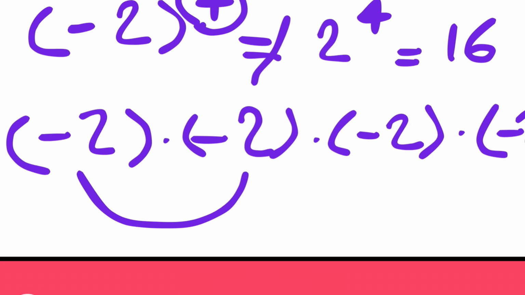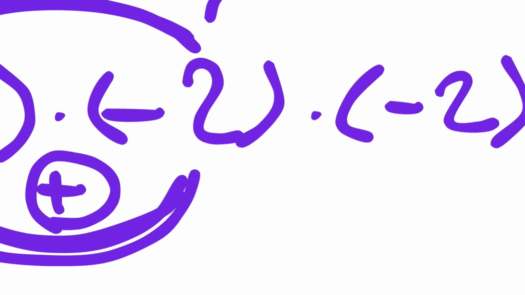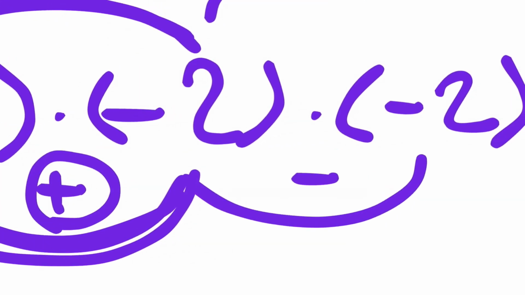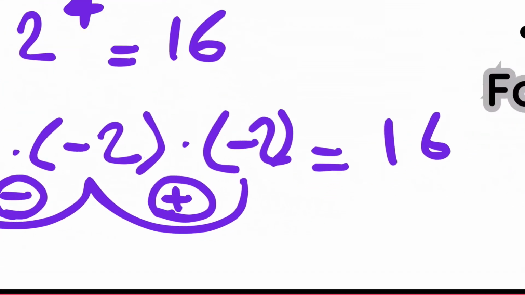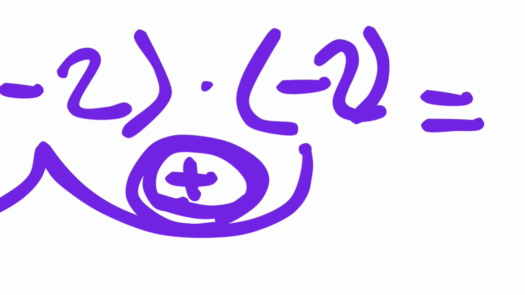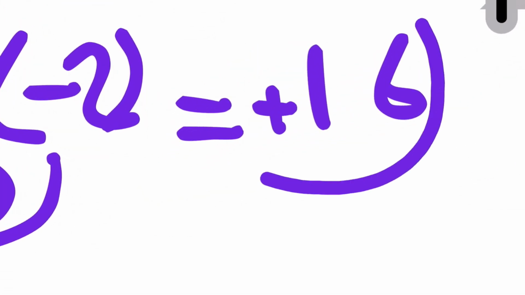Both the number and the symbol will go to that power and will be multiplied by themselves by the number of the power. So 2 times 2 is going to be 4. And minus times minus is going to be plus, okay? Positive times negative is going to be negative. And negative times negative is going to be positive, okay? So that's why at the end we have a positive symbol. So that's why 16 will have a positive symbol.